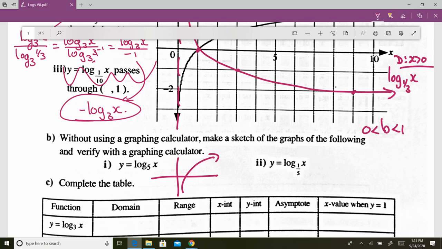Log graph looks like that, has an asymptote of x is equal to 0. That's it. If I said make a quick sketch of the graph log base 1/5 of x, you would make it fall. Asymptote at the same spot, x is equal to 0. That's it. Are we okay with that?